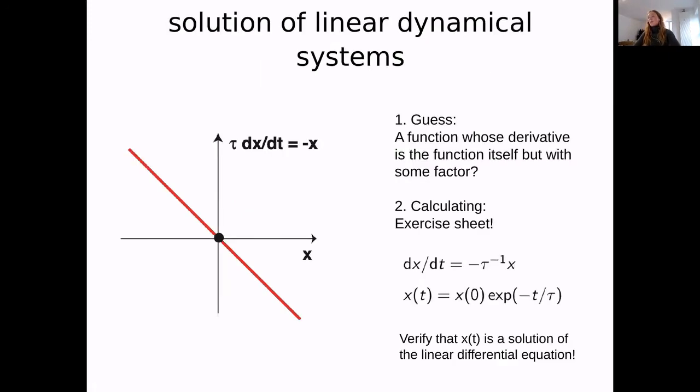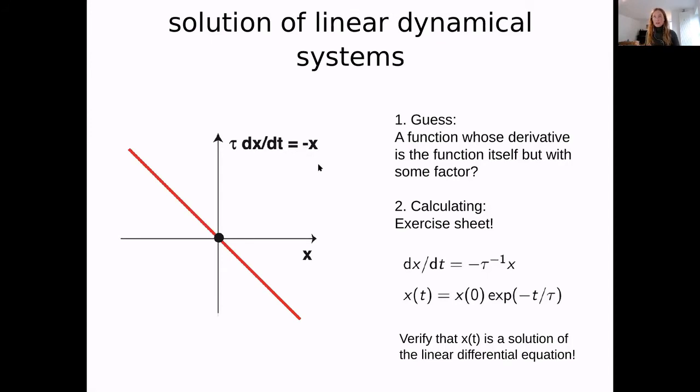Okay, and when we want to find this solution, there are two ways, maybe more. The first is guessing, and the second is calculating. And guessing here means that we know a function x whose derivative dx/dt is the function itself, but with some factor. So we have this tau here and this minus here.